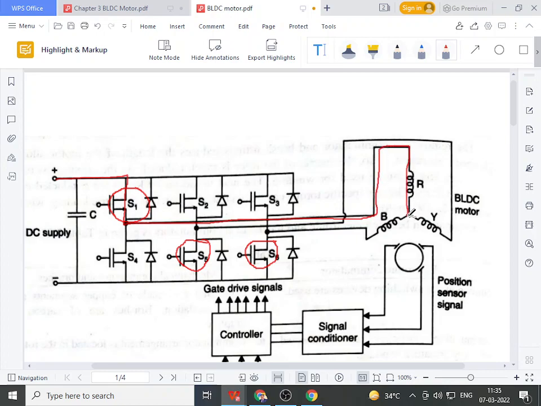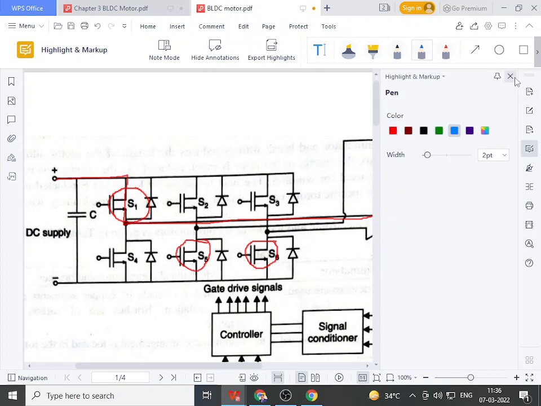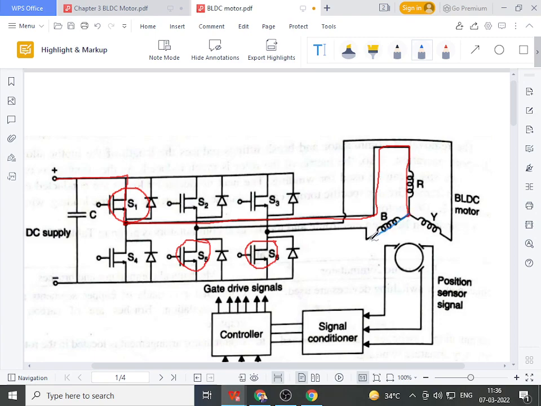At this point the current gets divided into two equal halves, because the windings are identical, so their impedances are equal, and when current flows through two parallel connected equal impedances, it divides equally. 50% of the current flows through phase B and flows towards the negative of the supply through switch S6, whereas the remaining 50% flows through phase Y and then towards the negative of the supply through S5.